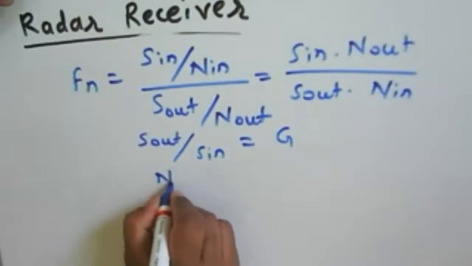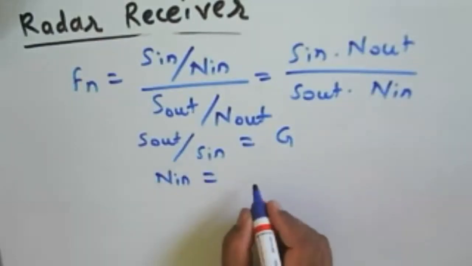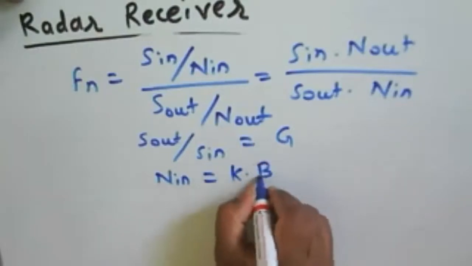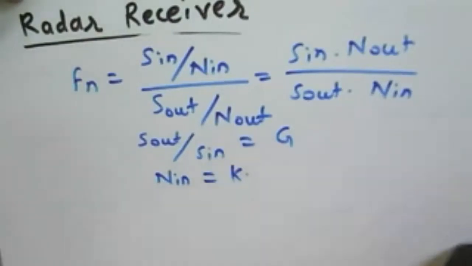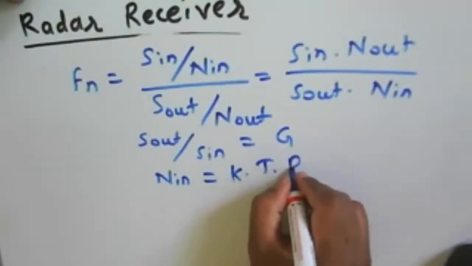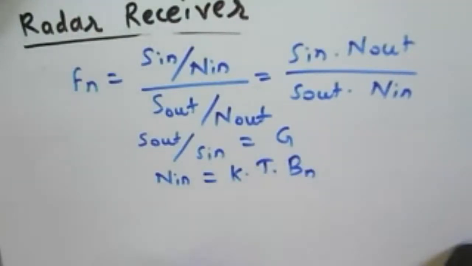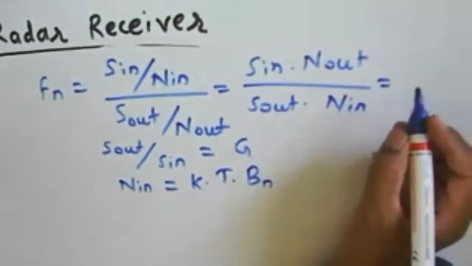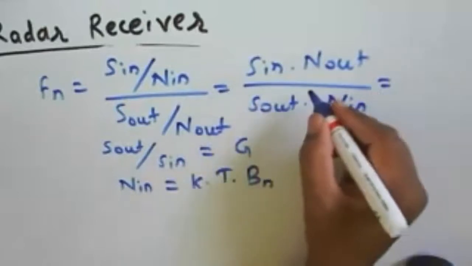And this input noise will depend upon the Boltzmann constant, the available temperature, and the noise bandwidth. So we can rewrite this equation, instead of S in, N out here.